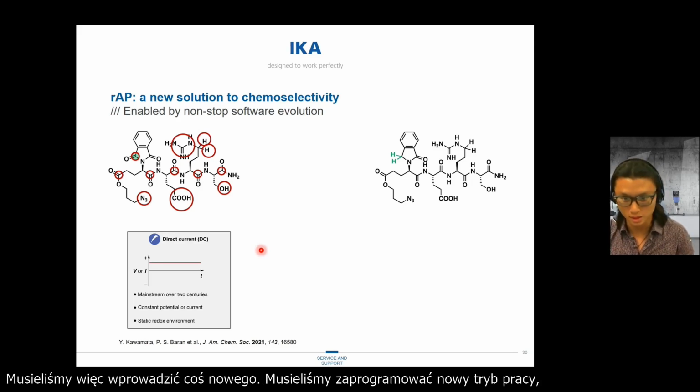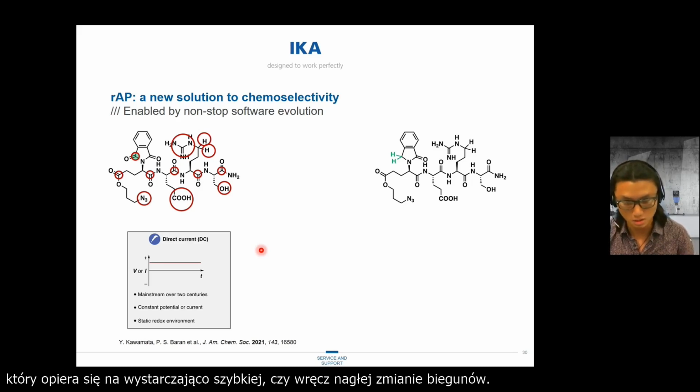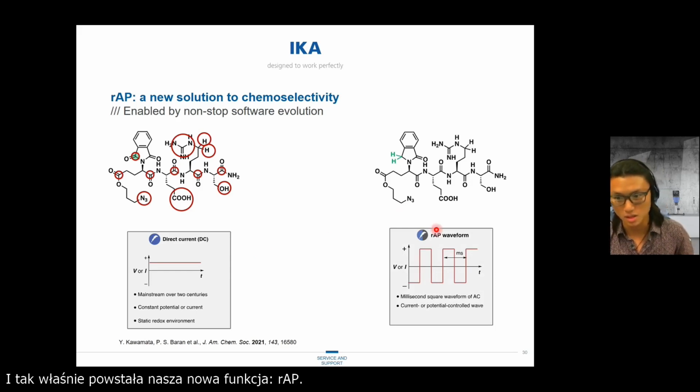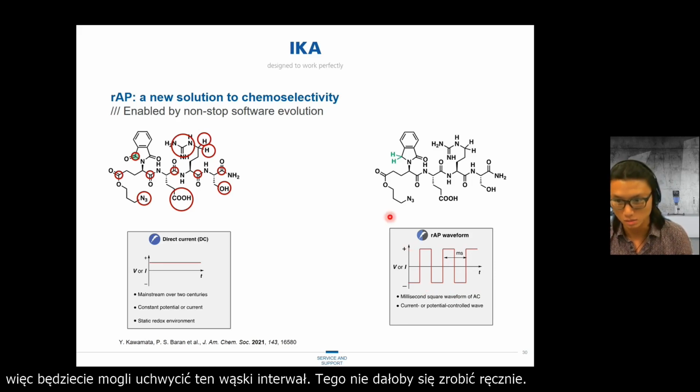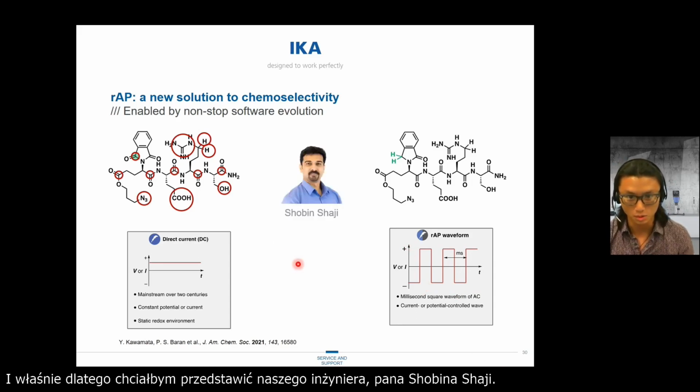We have to invent a new reaction mode with a faster, or say more rapid, alternating polarity. And here is our REP waveform. With REP, you have a higher frequency to alternate the polarity so that you are able to catch that very small interval. And this cannot be single-handedly done by chemists. And that's why I want to introduce our engineer, Mr. Xiaobing Shaji.